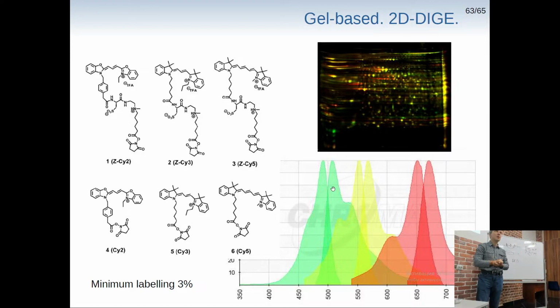I hope that now this patent is not valid already. Really nice dyes, they are bright. The only problem with those dyes, which I have to stress here, is they are easily degraded by ozone. So if you have some printer, laser printer, copy machine or anything in the laboratory, keep it away from those dyes. They will be quenched in no time.